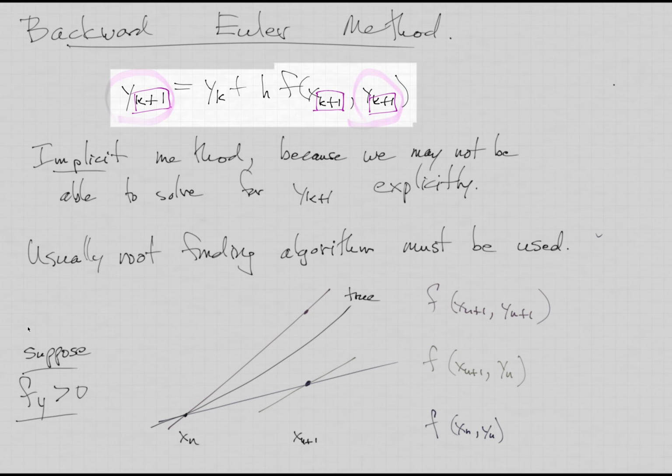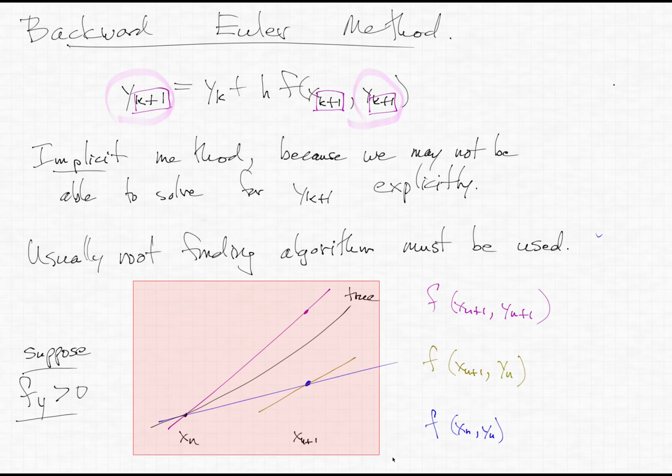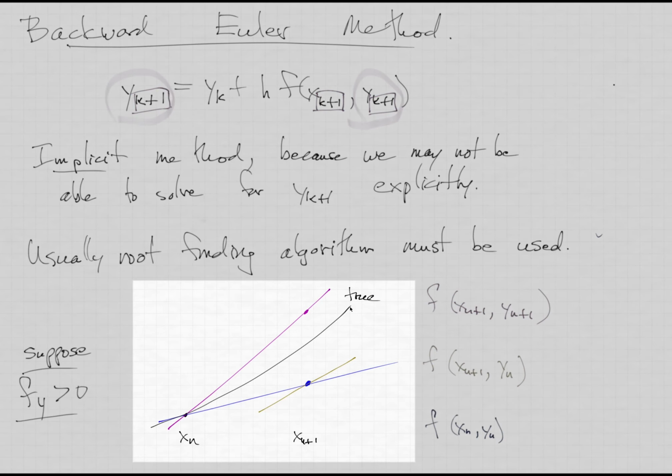First of all, just to explain the difference between the two methods, Euler-Forward and Euler-Backward, suppose we're working with an ODE in which f sub y is positive, so that f is increasing in the second variable, the y variable. In that case, you would expect that the true solution, the black line, would be concave up.